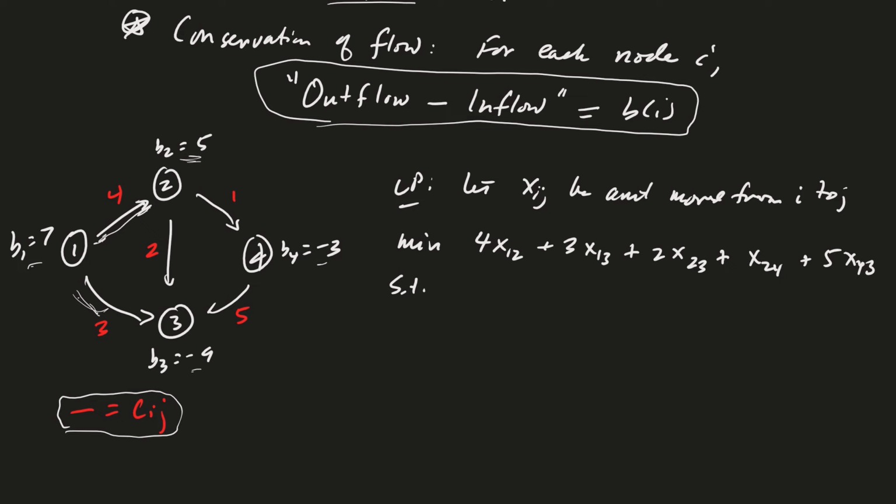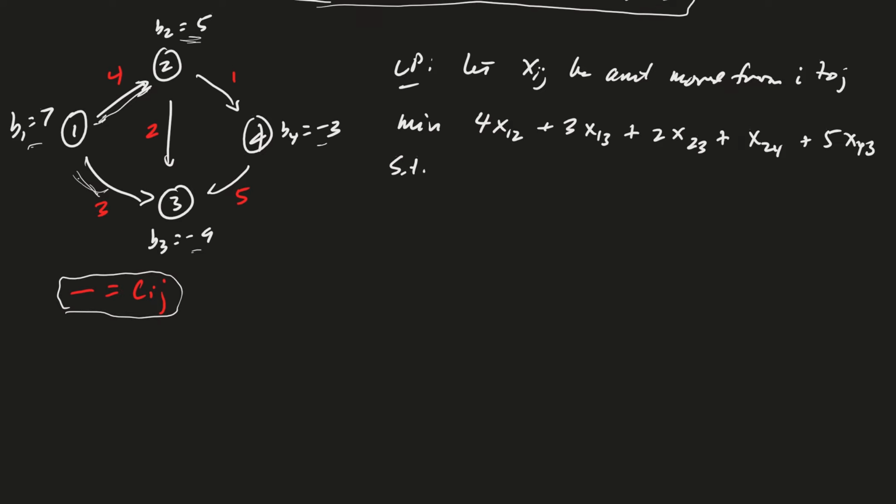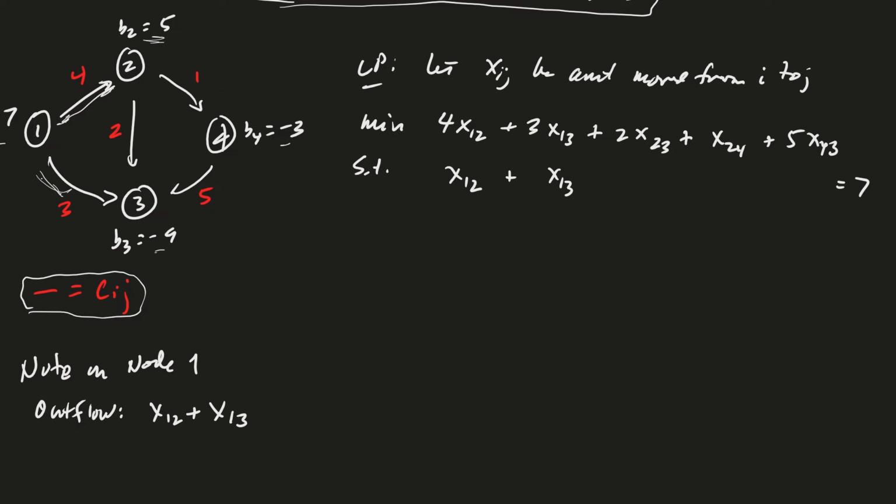Let's make a note on node 1. What is the outflow? That is x12 plus x13. So for our constraint we get x12 plus x13 equals 7.